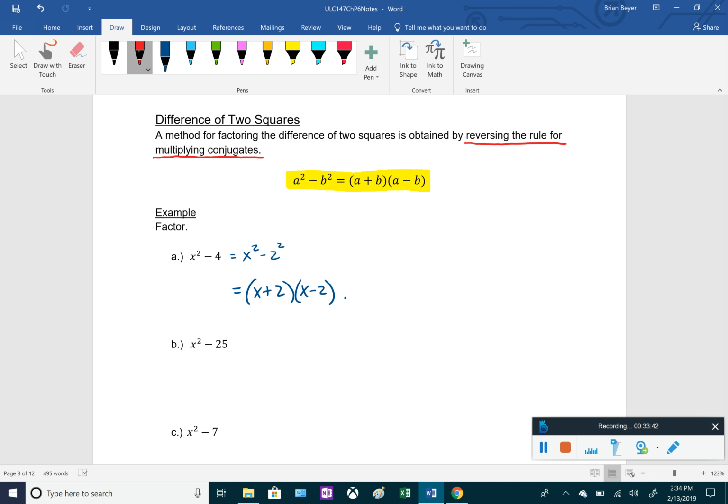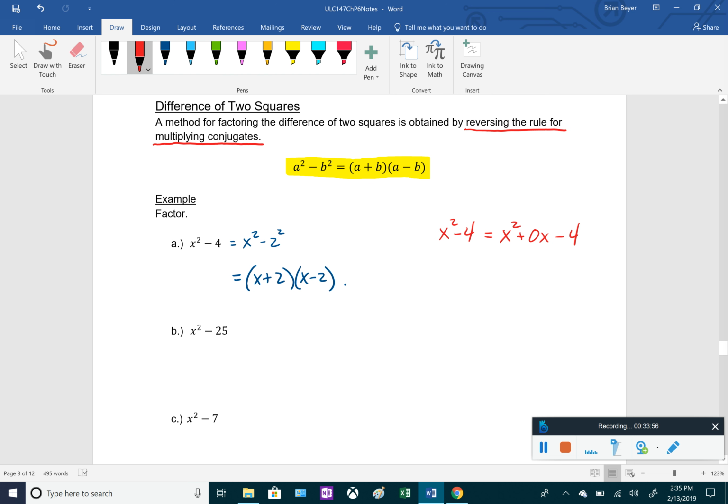Another method that we could do here if you get completely stuck: x squared minus 4 is the same as x squared plus 0x minus 4, right? Just put in that 0 coefficient. We can actually factor this using the trinomial method that we did a couple pages ago.